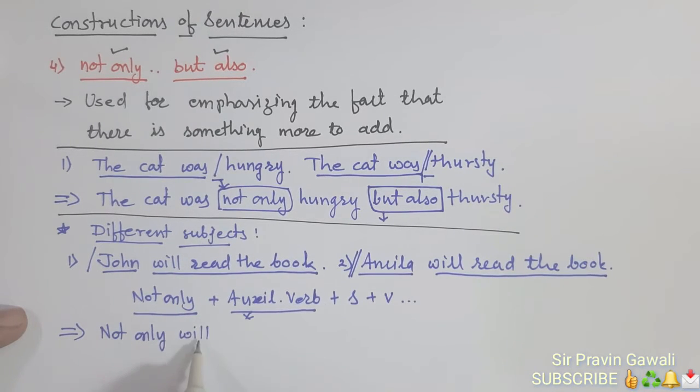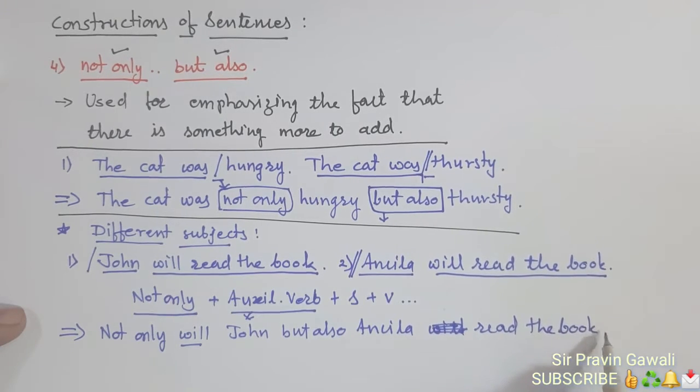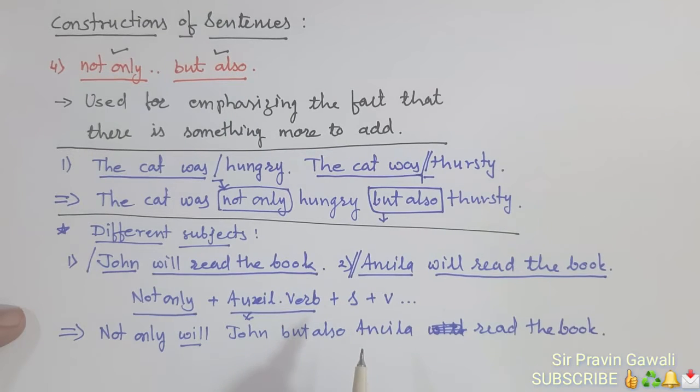Not only will John but also Ancilla read the book. So the sentence will be: not only will John but also Ancilla read the book. Have you understood now?